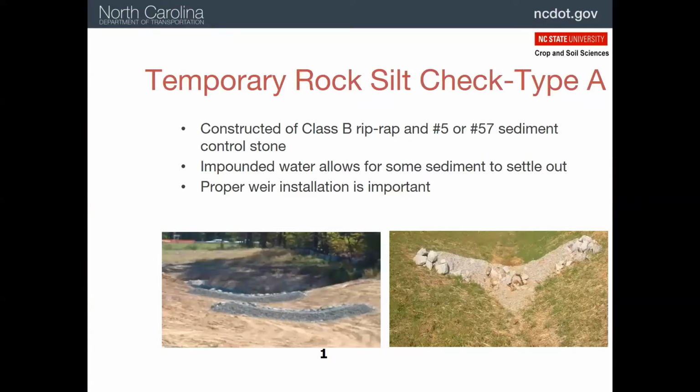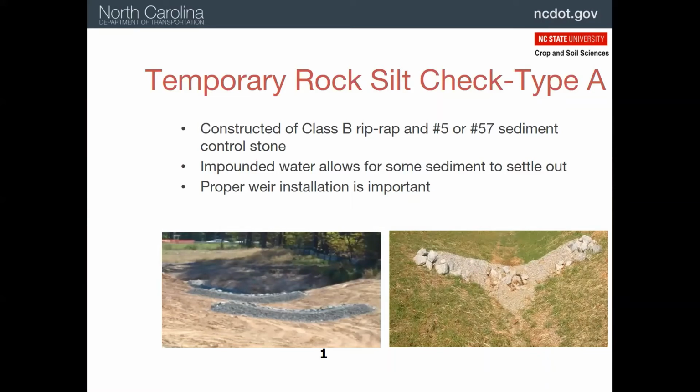All right, now to the big gun rock check dams. So where we've got higher flows, we expect our Type A rock silt check is shown here. It has the larger stone, the Class B riprap. Okay, so that can be I think 5 to 12 inches or 5 to 10 inches. It's a large rock, and that's the structure.